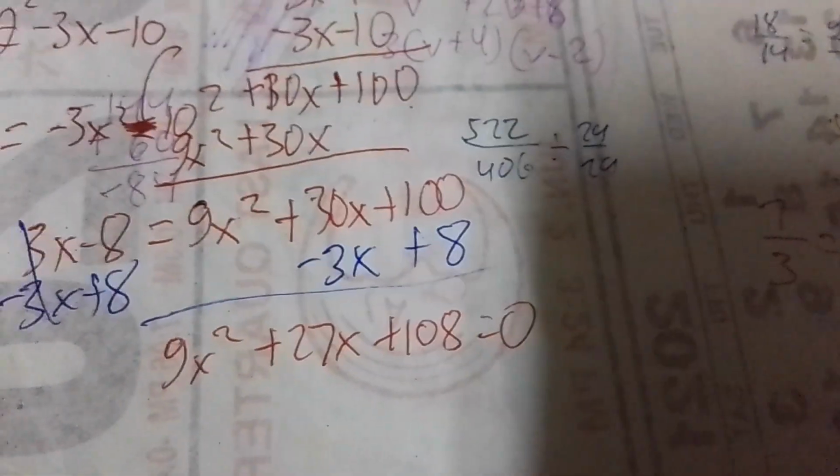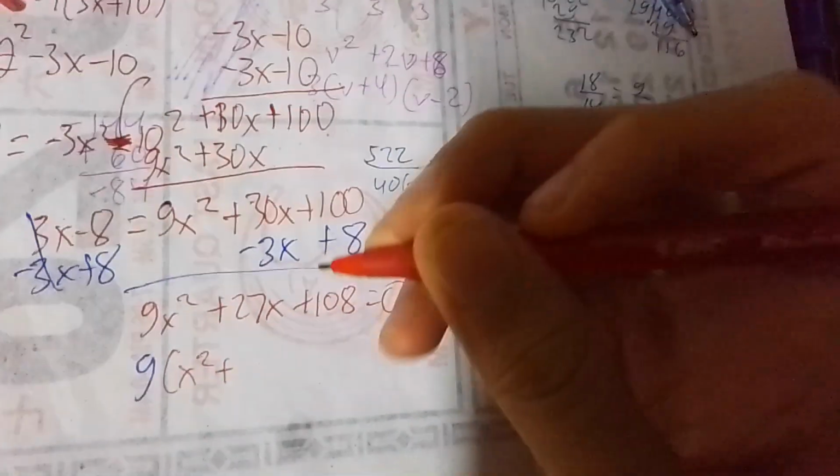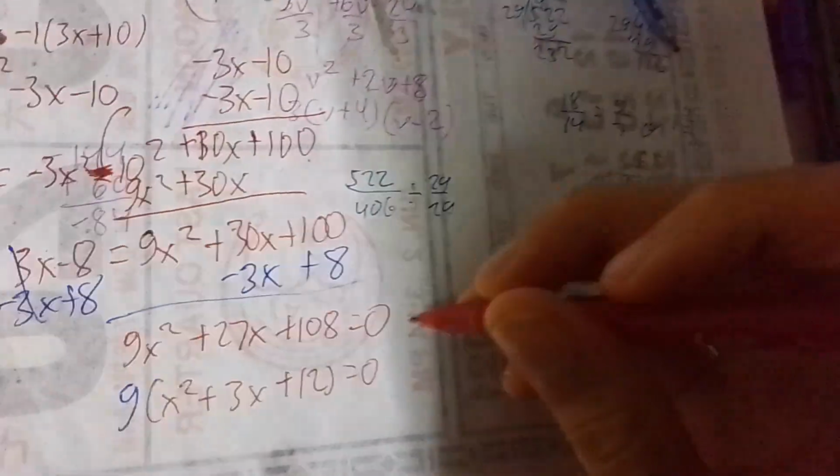And if it can be factored out, what is the GCF? The GCF is 9. Very good. So now you can factor this out by 9. When you factor this out by 9, you're just left with x squared plus 3x plus 12 equals 0. Dividing both sides by 9. Goodbye 9s. They cancel out.